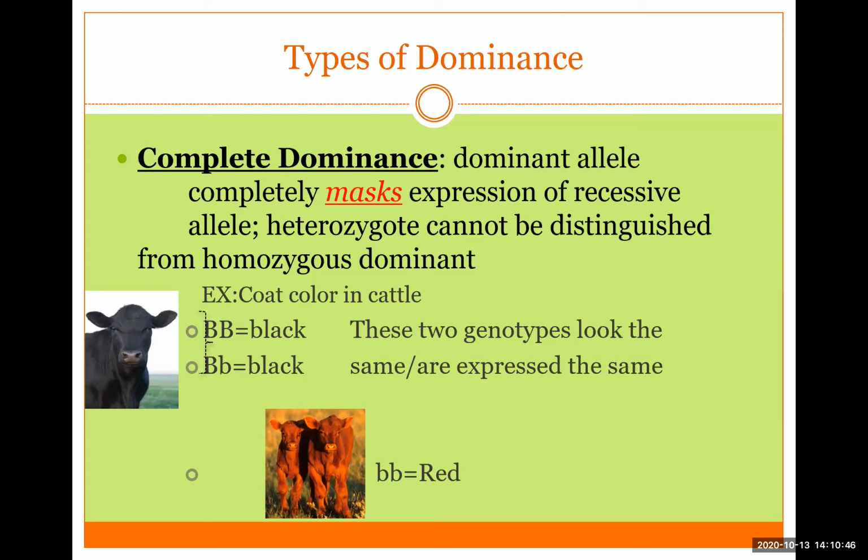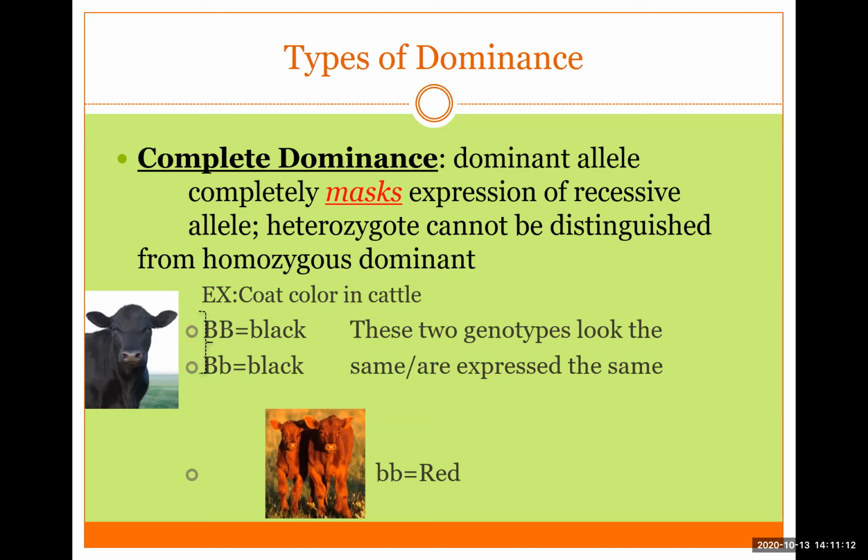So is that bull still black? No. If I changed him, if I gave him one lowercase b, he could be black or red. So he has one lowercase b. Does he have two? No, he has one.